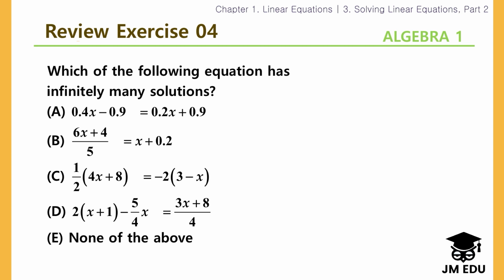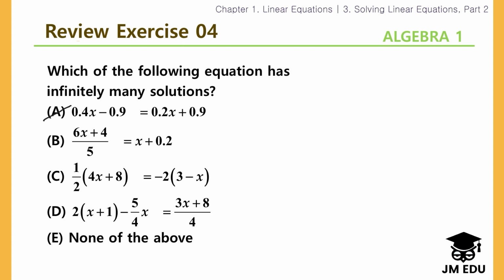Part A, we have 0.4x minus 0.9 is equal to 0.2x plus 0.9. Well, the x terms are different, right? This is negative 0.9. This is a positive 0.9. The constant is also different. So answer choice A does not have infinitely many solutions. So A is not the answer.